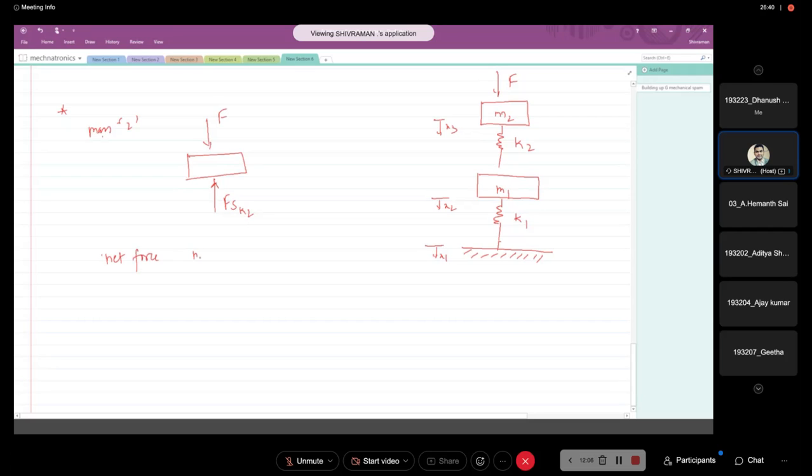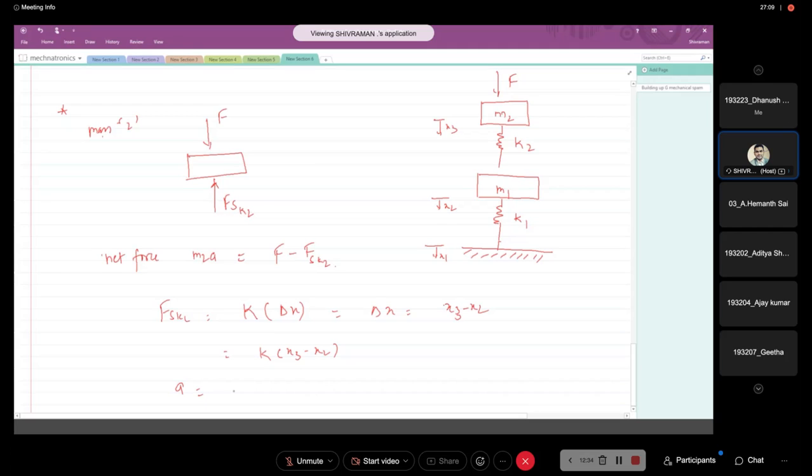If you develop the equation, the net force, that is M2A, is equal to F minus Fs K2. Considering Fs K2 will be K delta X, here delta X is X3 minus X2. So K(X3 minus X2).